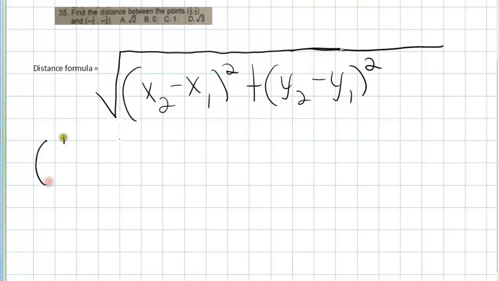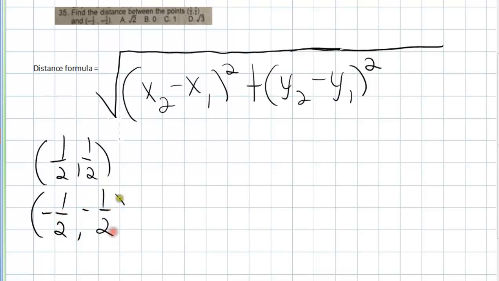So we have the point 1/2, 1/2, and negative 1/2, negative 1/2. So this is going to be our x1, this will be our y1, this is our x2, and this is our y2.